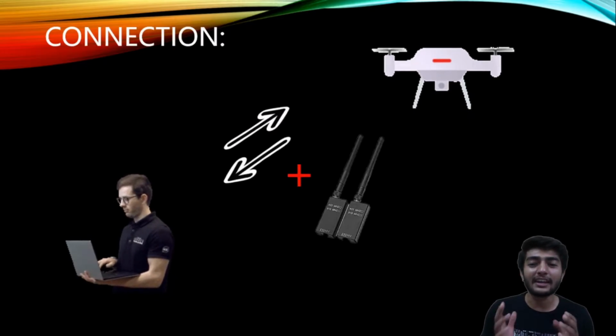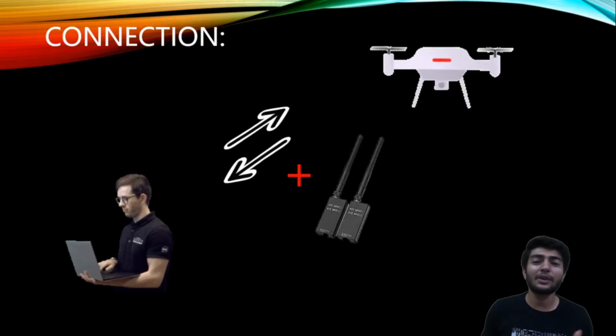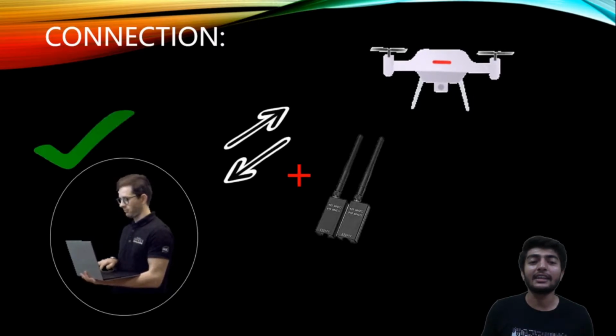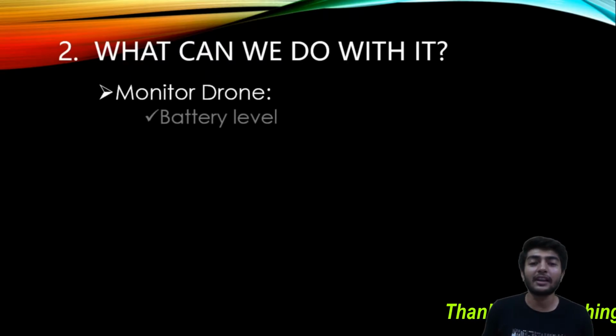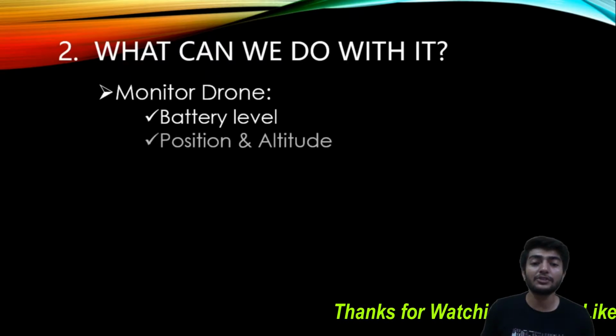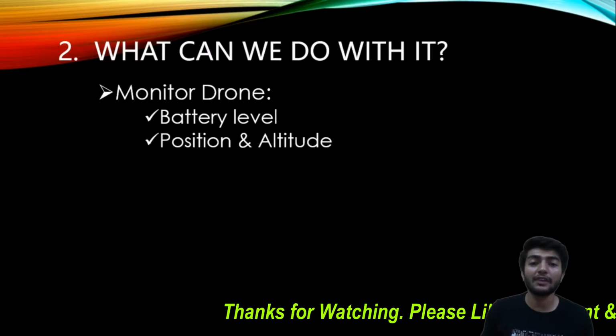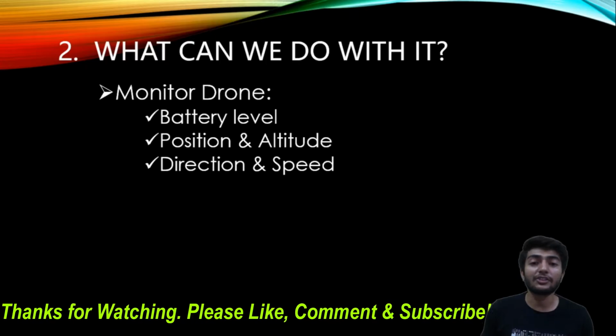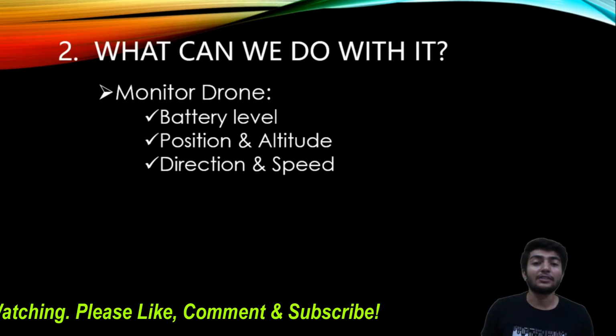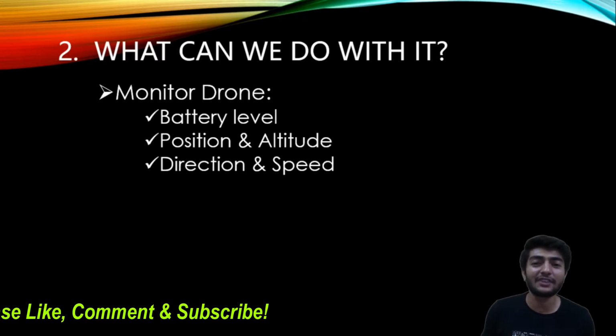You can simply connect your drone through telemetry to ground control station software and then easily monitor your drone with the help of GCS, like what's the battery level, what's your drone position, what is the height at which you are flying the drone, what's your drone altitude and in which direction your drone is heading, what is the speed, and I guess pretty much every variable.